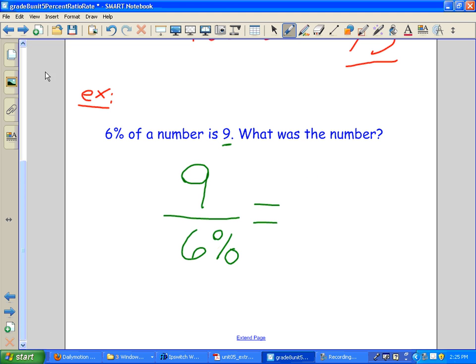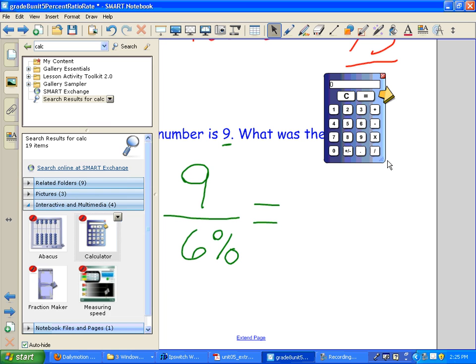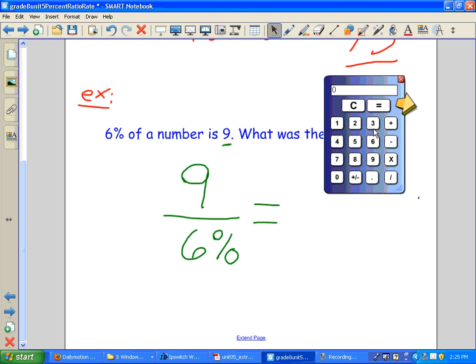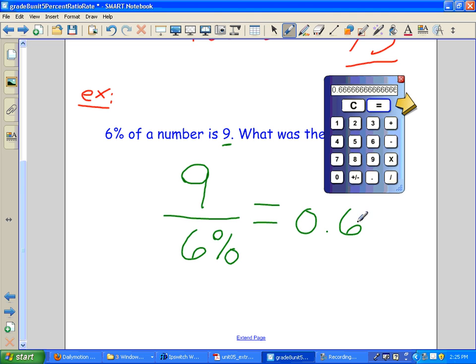And the answer, if I go 6 divided by 9, equals decimal 0.6666, and I could just keep repeating it.